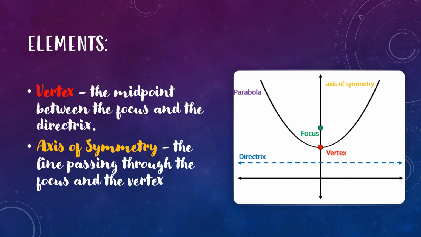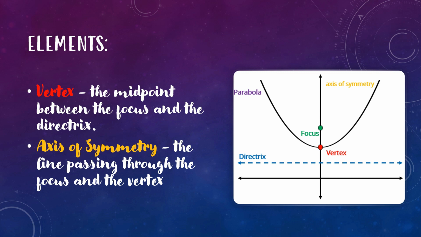The only difference is that the vertex is at the apex, the sharpest point of the parabola. So the point at the sharpest turn of the parabola, that is what we call the vertex.